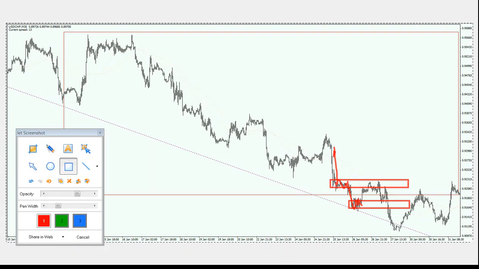So we've got boost, consolidate, boost, consolidate. The price pulled back to the first consolidation area. It acted as resistance and moved to the next consolidation area that ended up giving support, pulled back and again acted as resistance, and then the price broke down, right?